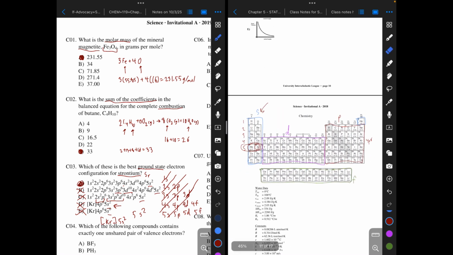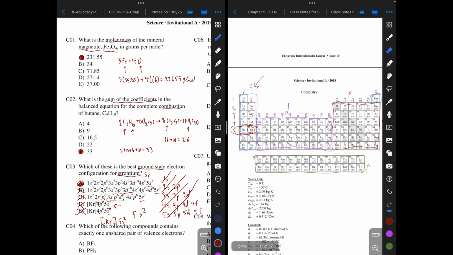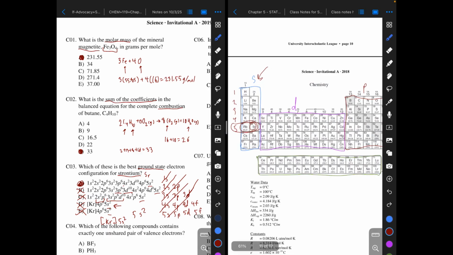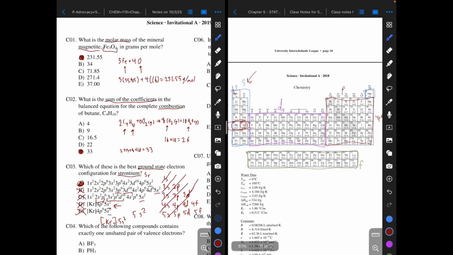If you want a longer but, I think, easier explanation if you've never heard of electron configuration before, it would be going from left to right in rows. You start from hydrogen, which is 1s1.